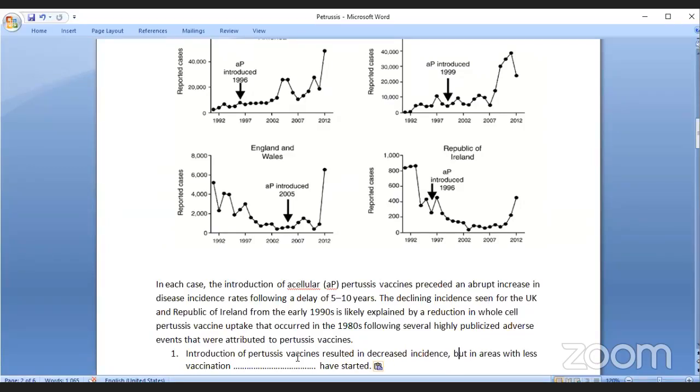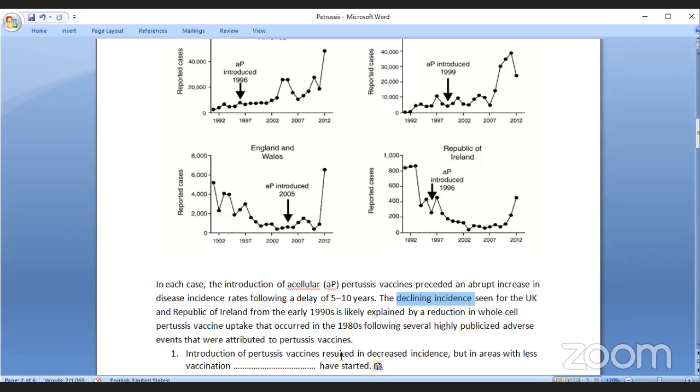But in areas with less vaccination, which areas? UK and Republic of Ireland, where there was less vaccination, declining incidence have started, was seen. Even you can use past tense, was seen. If I use the same word, seen, then you will be able to find it, but that is why I wanted to say had started or was noticed. So the answer should be declining incidence.